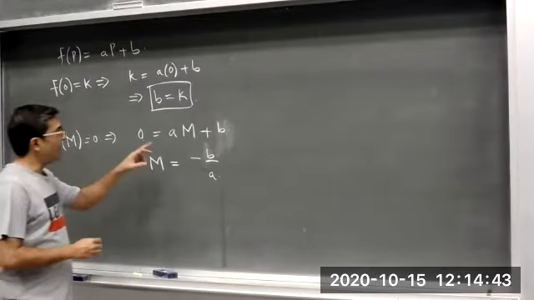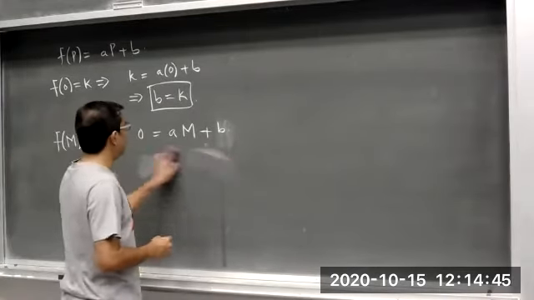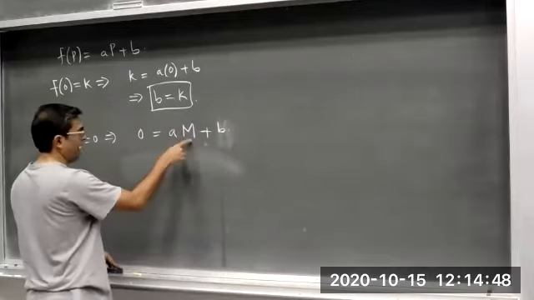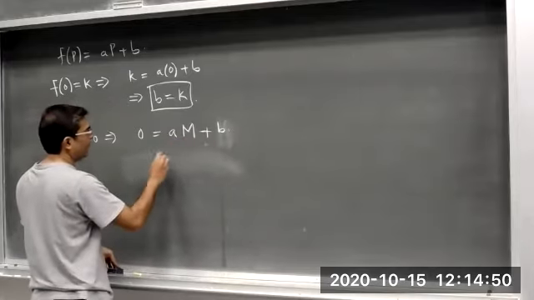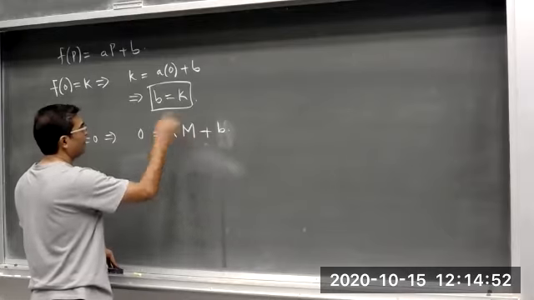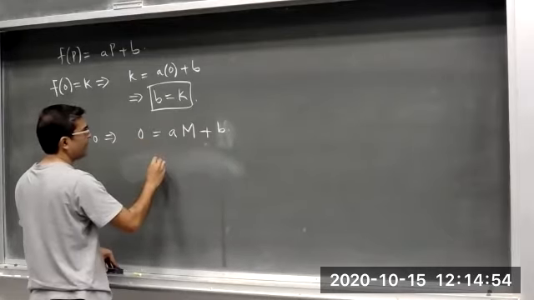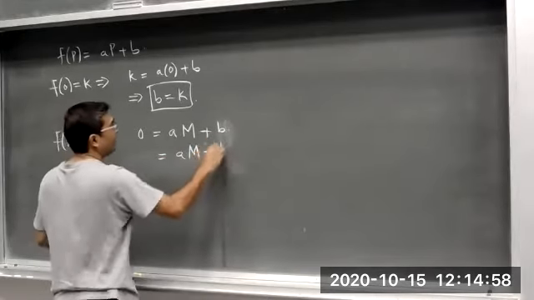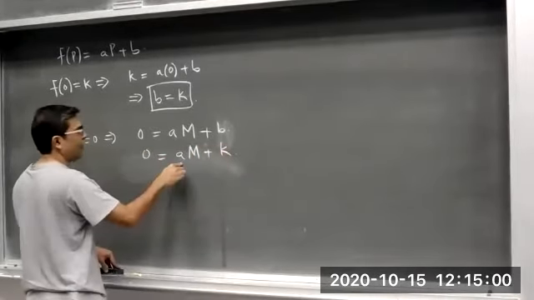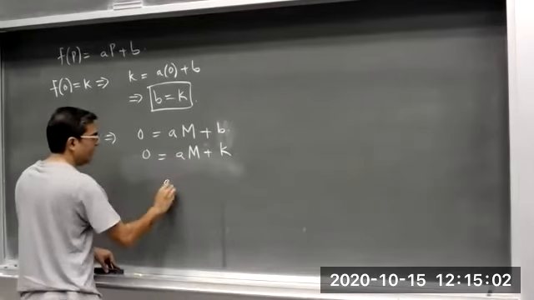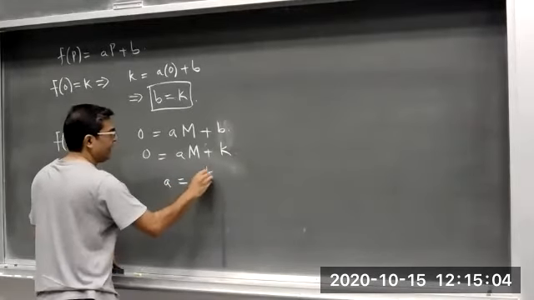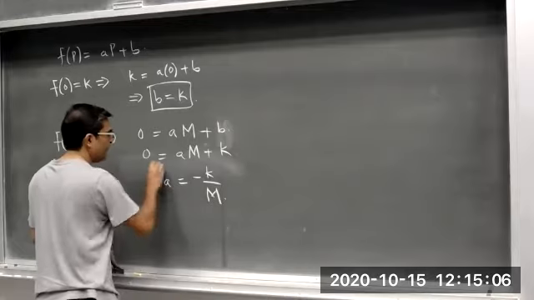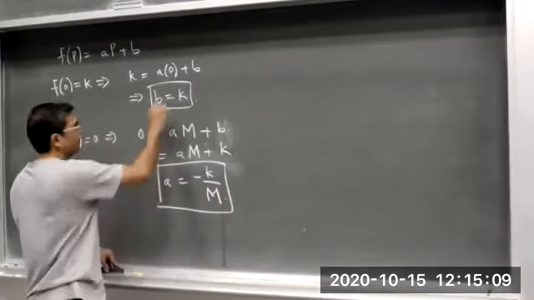So what we have to find here is the value of a, not m. So the value of a should be, b goes to the other side and becomes negative. So what is the value of b? The value of b is k. So we get k here and we have to find the value of a. So a is negative k divided by m. So this is your a and this is your b.